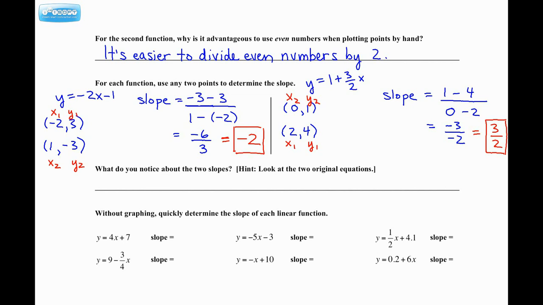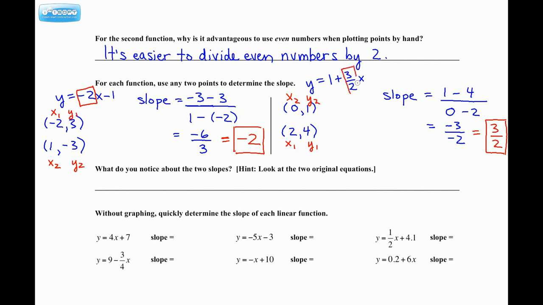All right, what do you notice about the two slopes? Hint, look at the two original equations. Now what you may have already noticed is that the slope here, say negative 2, that number actually appears in the original equation right here. Same goes for this one. The slope was 3 over 2, but that's 3 over 2 right there.